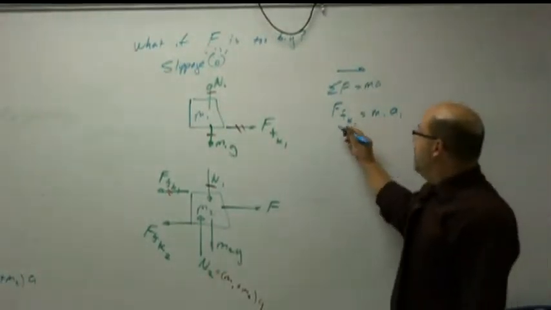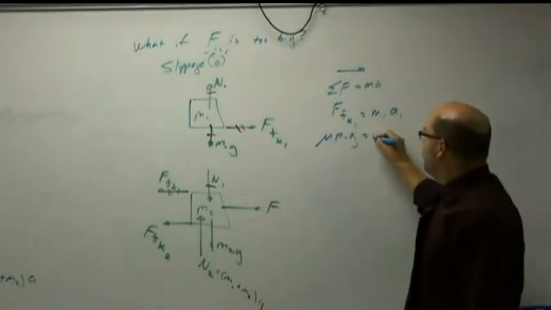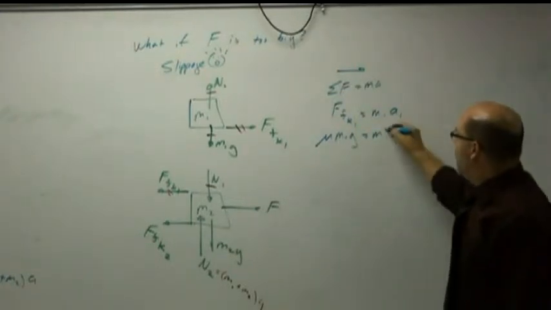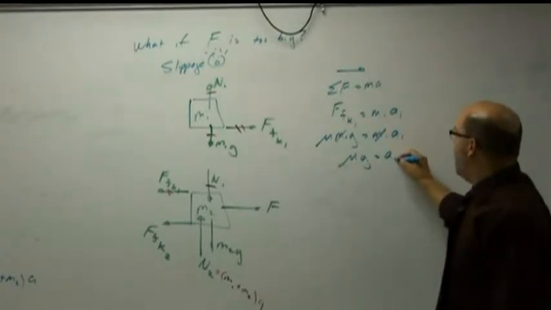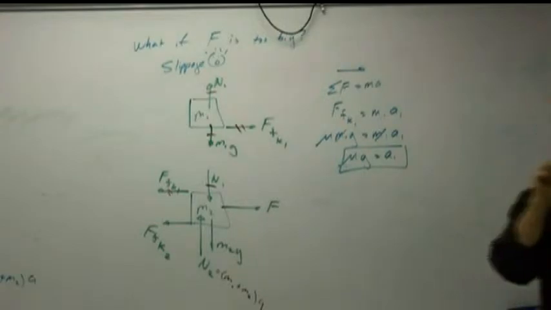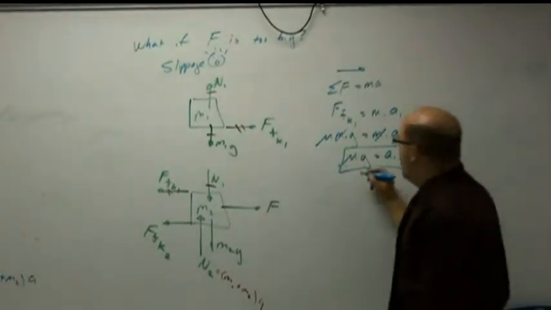This is mu times normal force, and our normal force is M1G, equals M1A1. Our M1s go away, and we're left with mu K1 G equals A1, and that's our acceleration for the top block.